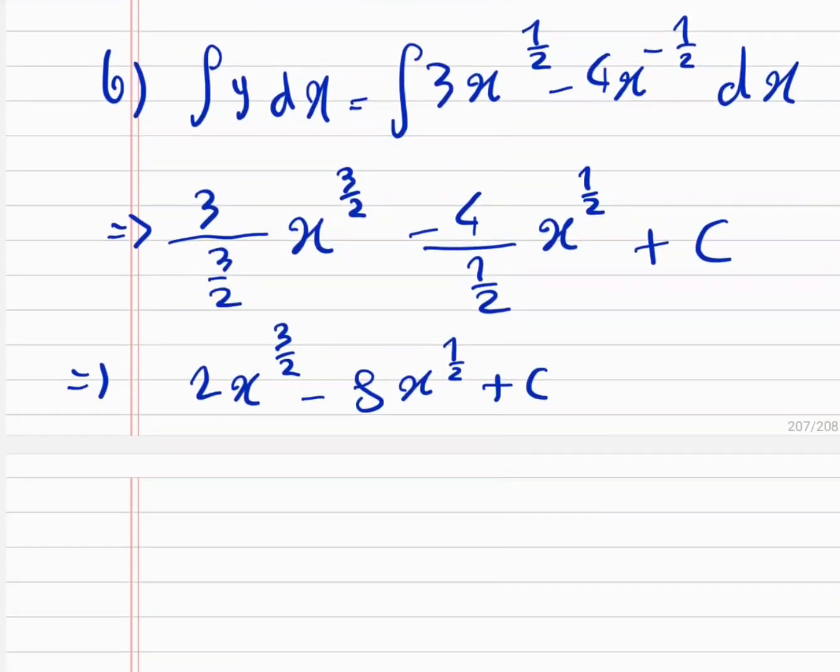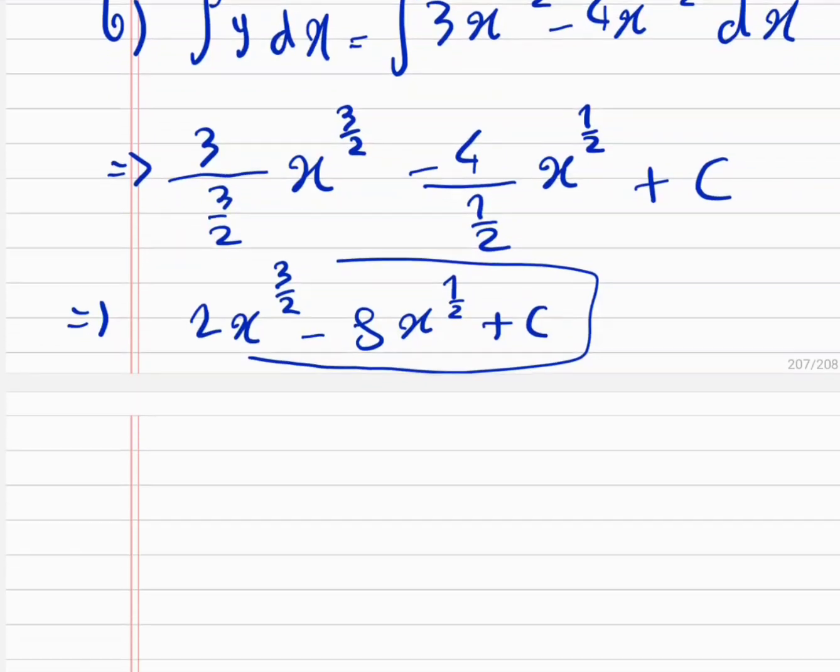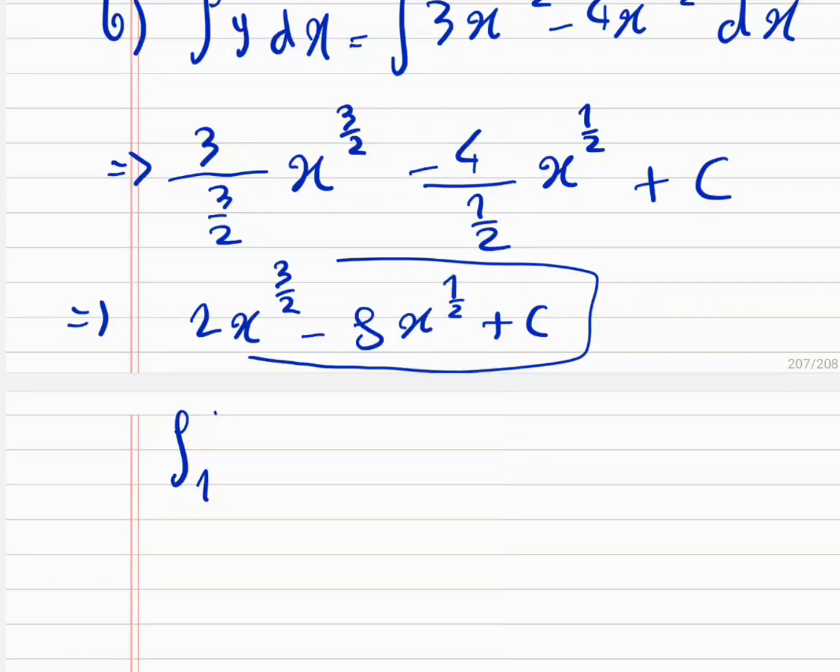Okay, so all we need to do for part C is essentially use what we got for the integration in part B, and just substitute the limits. Because we know from part B that if we integrate y with respect to x, we always write down the integral here, and then the answer to the integral, and then we also write down the limits here so that they could be substituted.